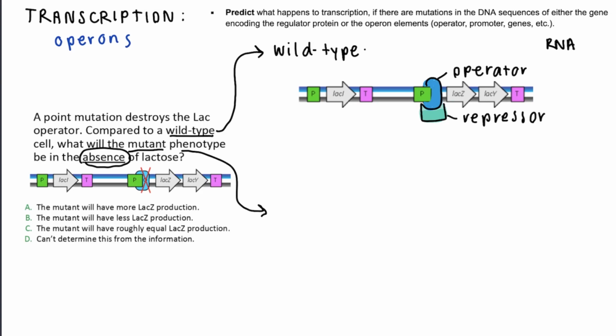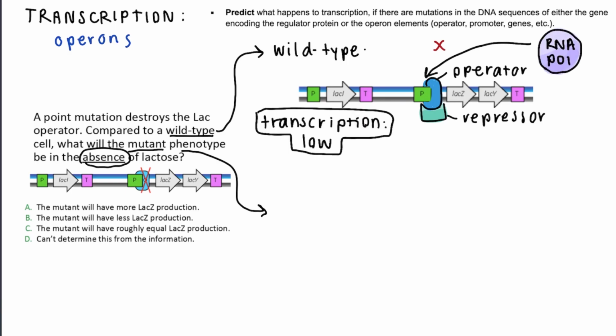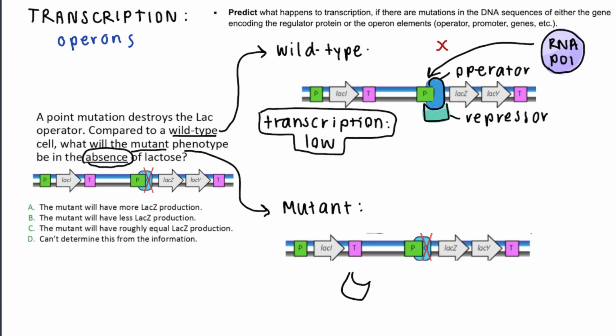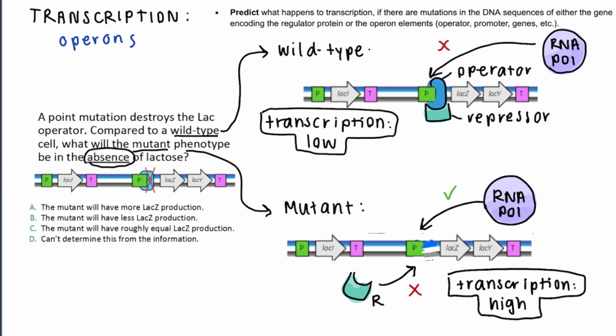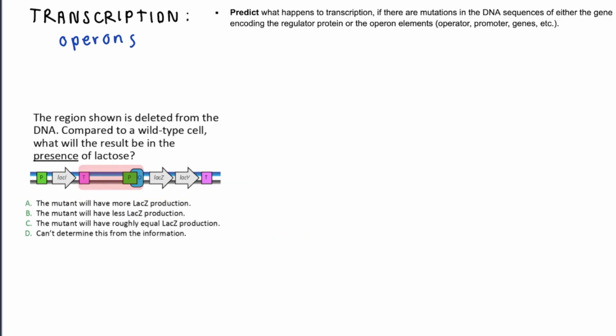Therefore, RNA polymerase will not be able to bind, so transcription will be low. The mutant doesn't have an operator, which, as we saw before, means that it's just a regular gene that is transcribed normally, so we can consider its transcription level as high. Therefore, in this case, the mutant will have more LAC-Z production than the wild type.